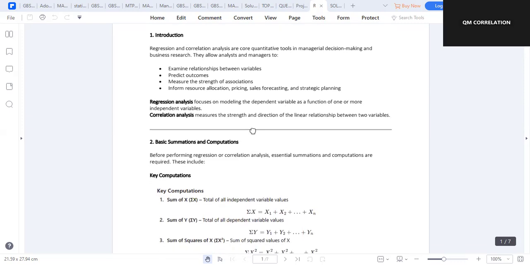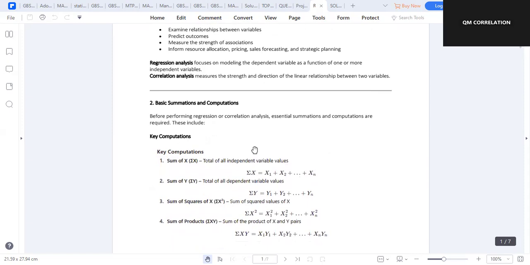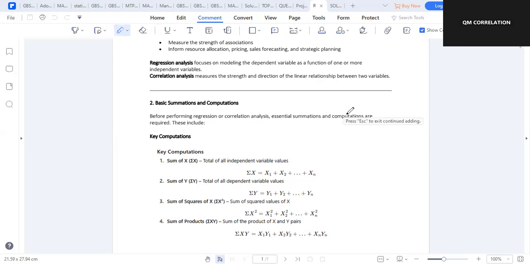The basic information you must understand is summation of these computations. Before you compute any correlation analysis, these are essential computations. Summation of X is simply the sum of all independent values. We have two types of values, independent and dependent.